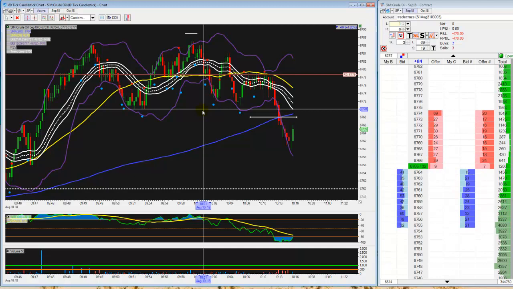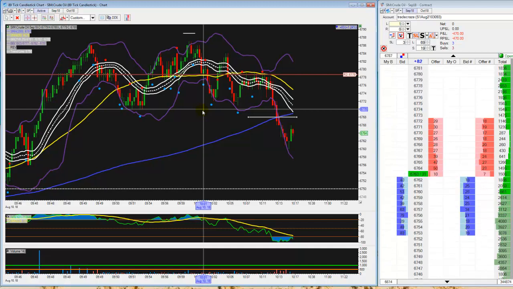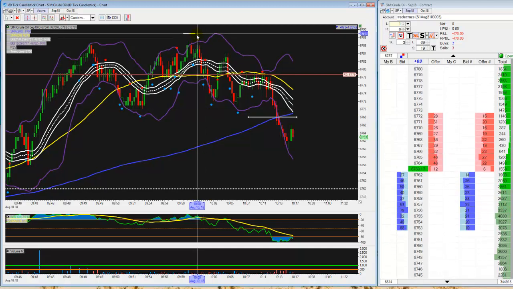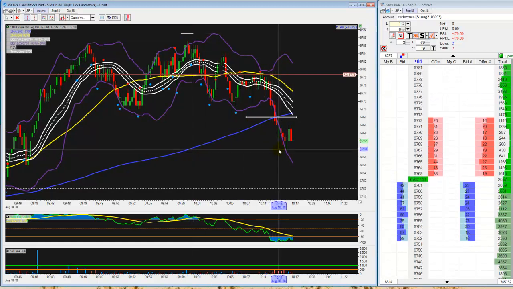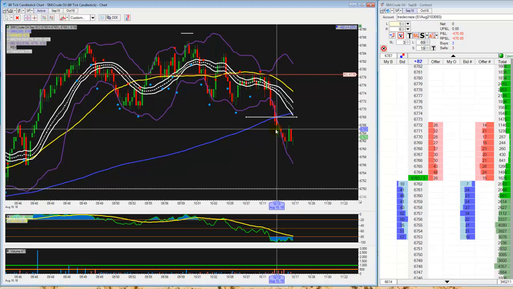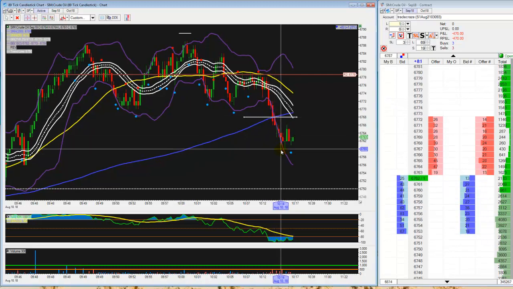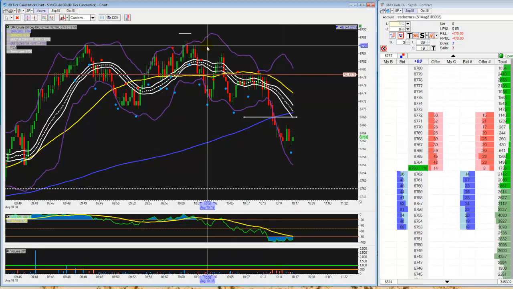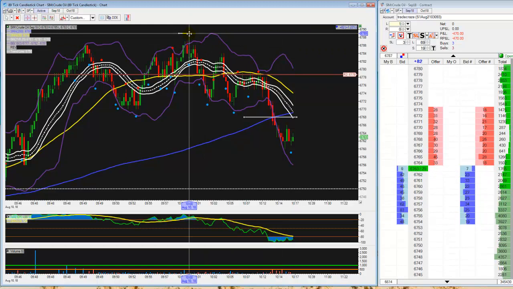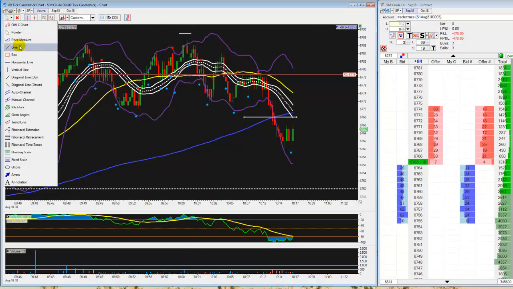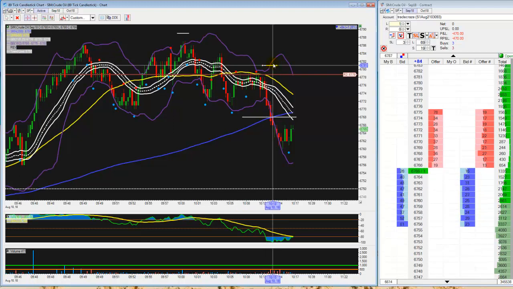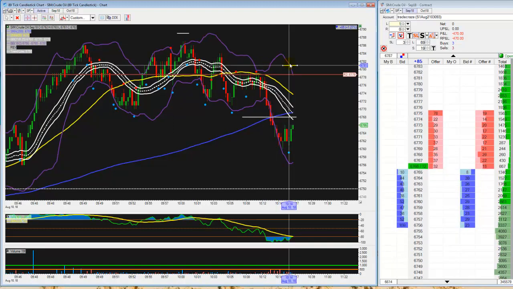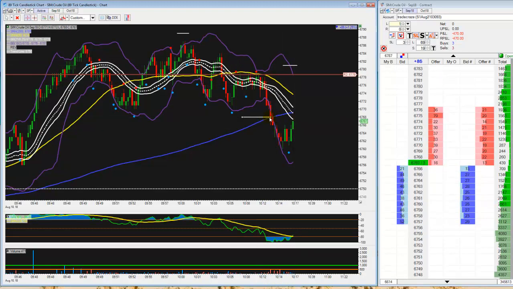So 19 ticks from 70 puts it originally at 89. And now we've dropped 8 ticks, so that would mean it's 81. So this would have been trade number 2.